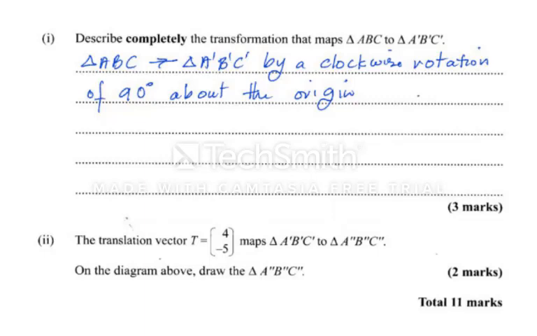Part II says translation: the translation vector t, which is (4, -5), maps triangle A prime, B prime, C prime to triangle A double prime, B double prime, C double prime. On the diagram above, draw the triangle A double prime, B double prime, C double prime.